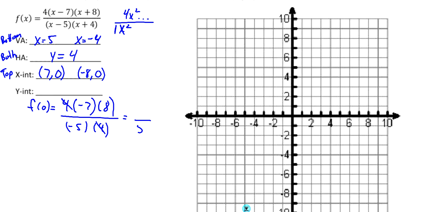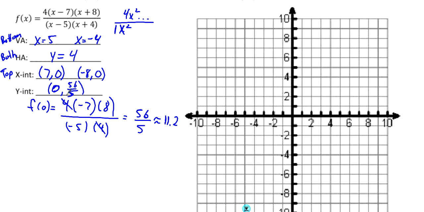So your y-intercept is going to be (0, 56/5). That's approximately 11.2, but we're going to leave it as 56 over 5 because we want to use exact numbers.